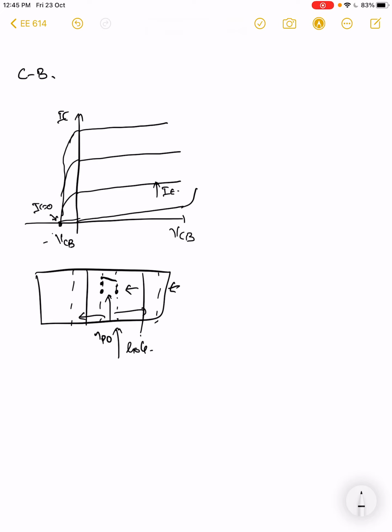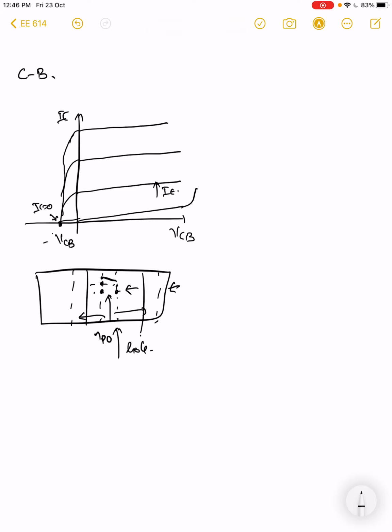So irrespective of what is the injected electron density here, very few of them get recombined because all the holes which are injected to the base are either swept to the emitter side or swept to the collector side, giving you very low hole density in the base, giving you a very low recombination efficiency in the base.